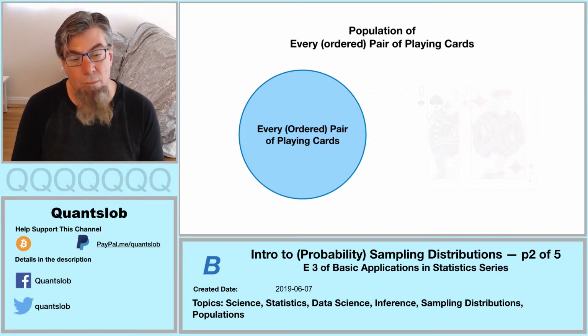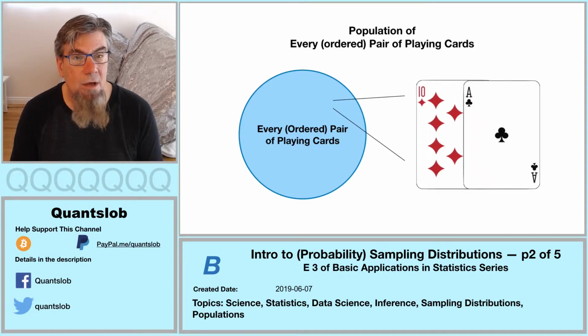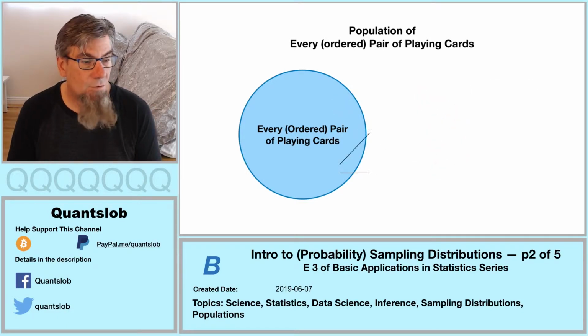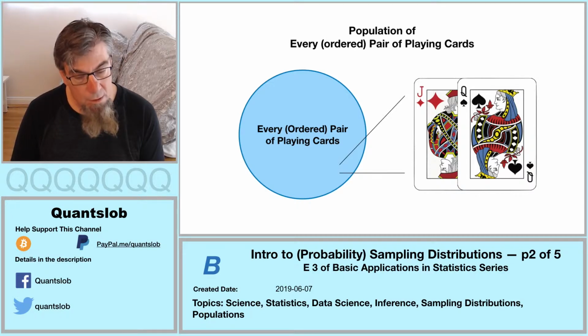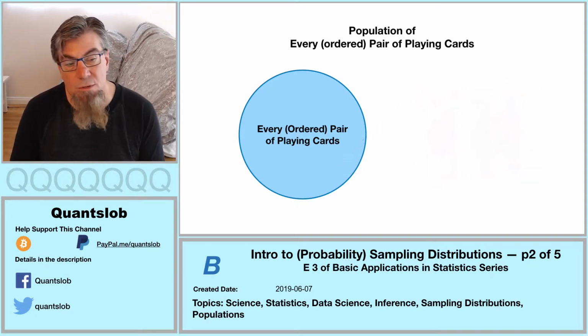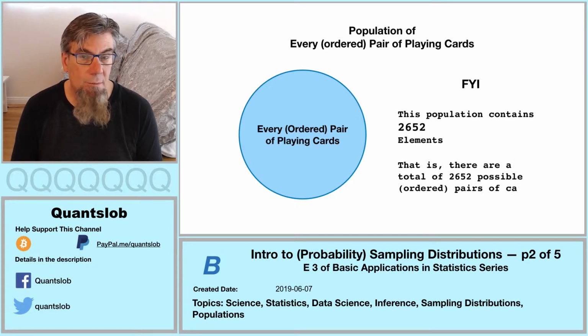If you play Pinochle, you might appreciate this element. It also contains, for example, the 10 of Diamonds, then the Ace of Clubs here. It also contains, for example, the Jack of Diamonds, then the Queen of Spades here. It just so happens that this population contains 2,652 elements.